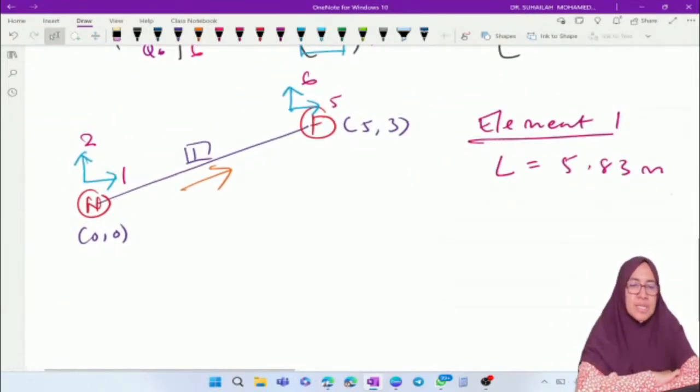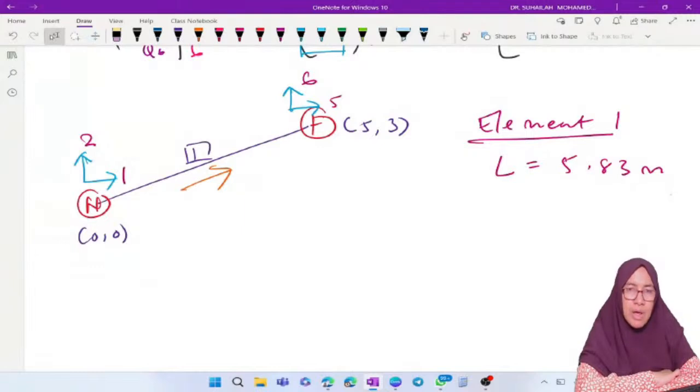Okay, back to this. This is element number 1. The length of this element we have to calculate using trigonometry. The length is 5.83. In the element, we have labeled the near and far nodes. This is very important.